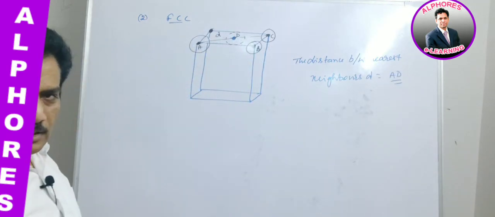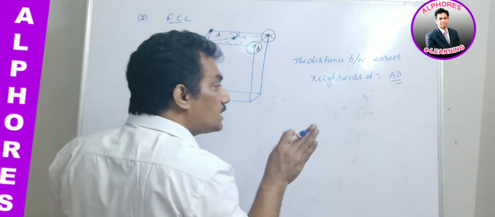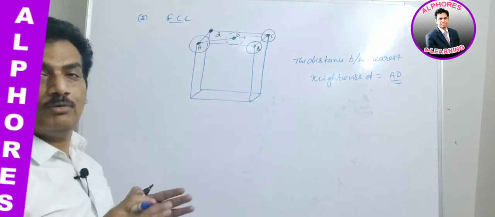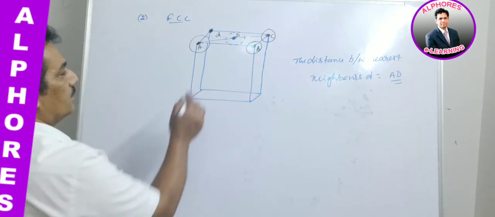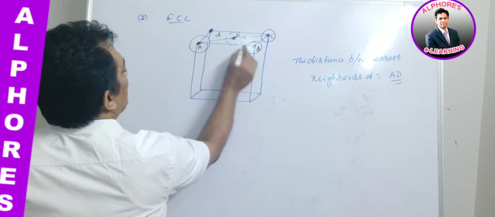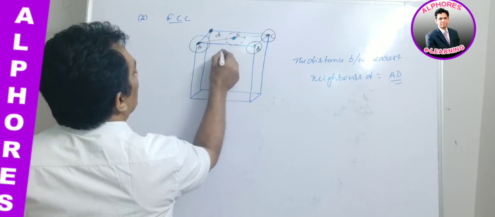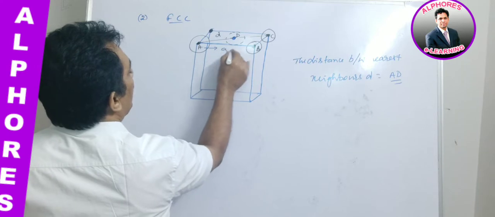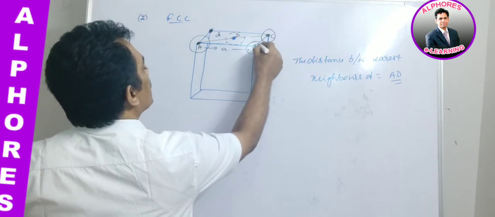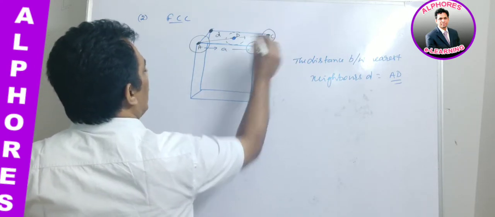Is it not? And now first of all let us consider AD in terms of edge length. As we know this one, it is edge length A. Similarly this is also edge length A.